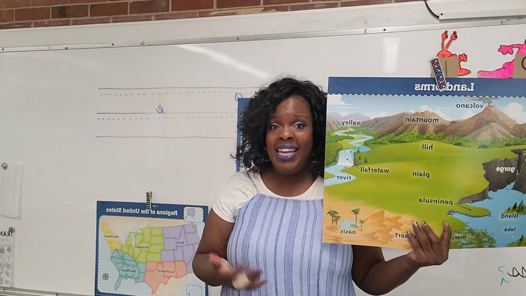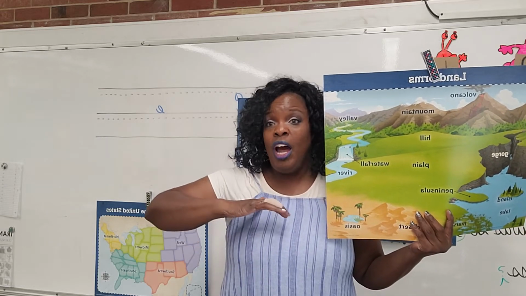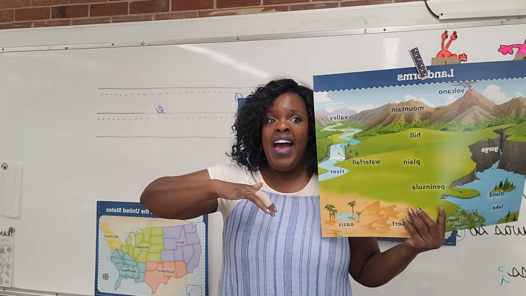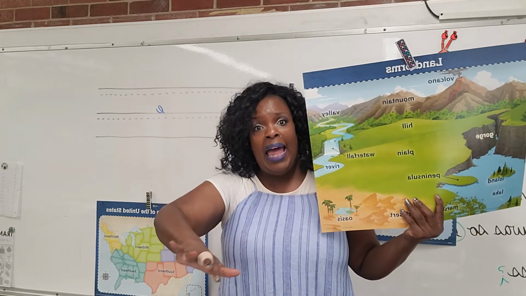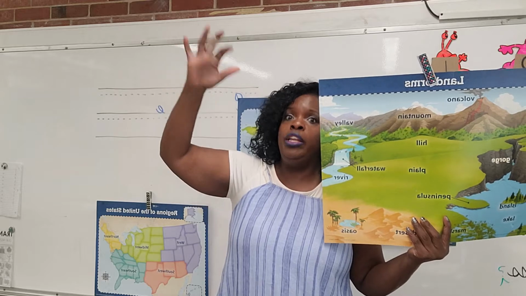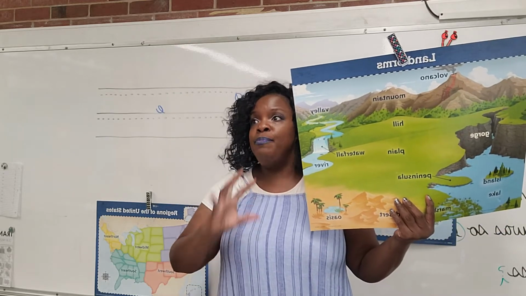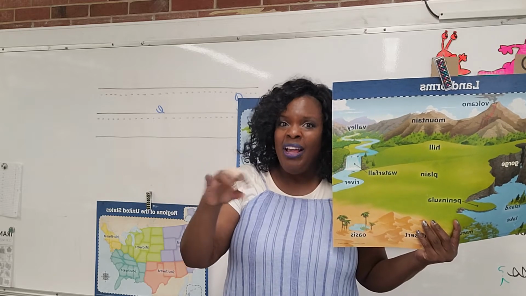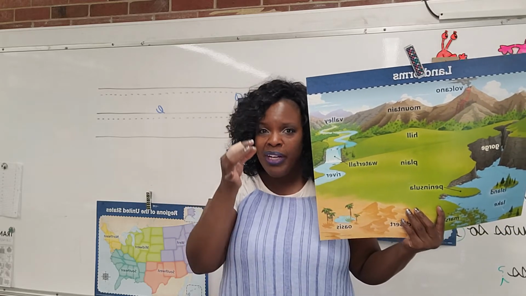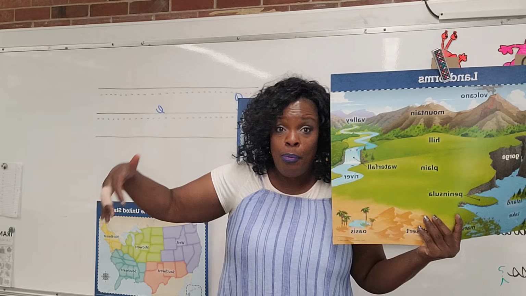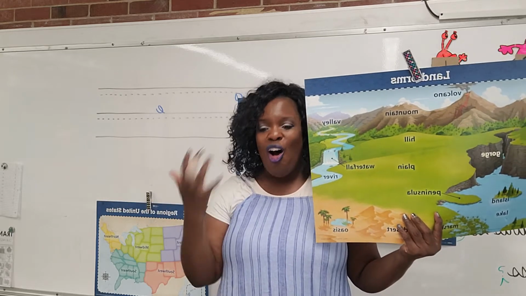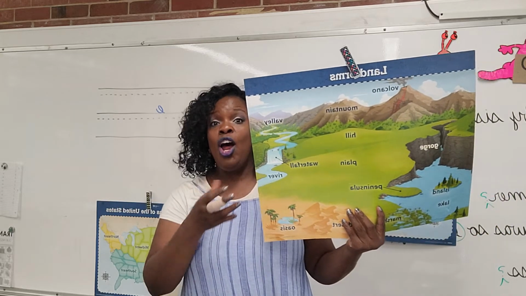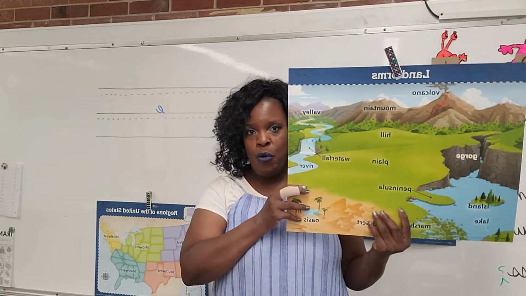There's variety. There's parts of our land, of the world, that are bumpy, and parts that are flat, and parts that are tall, and parts that are low, and parts that have gaps in them, and parts that have water, lots of water, or little trickles of water, or deep water, or wide water. All kinds of things that are called landforms, okay?